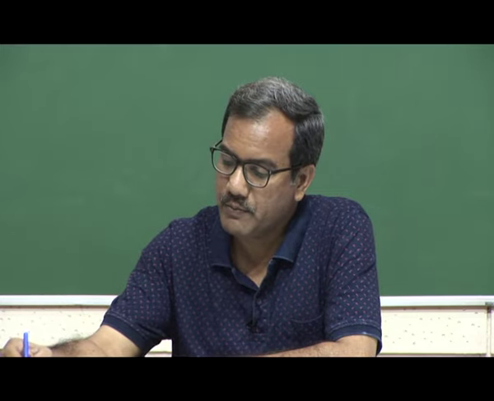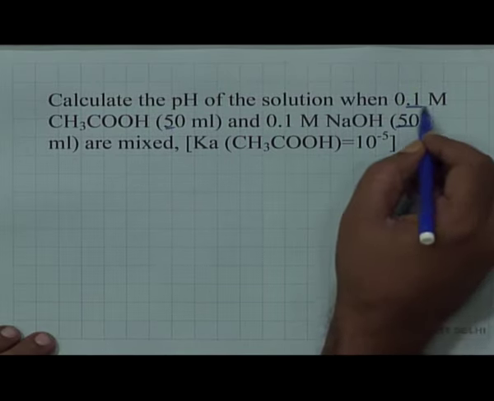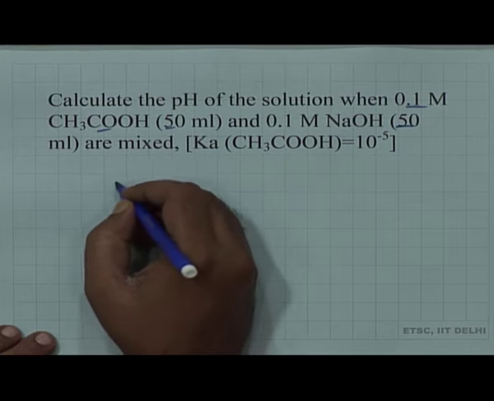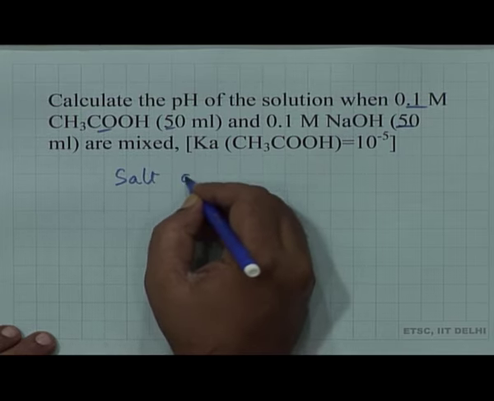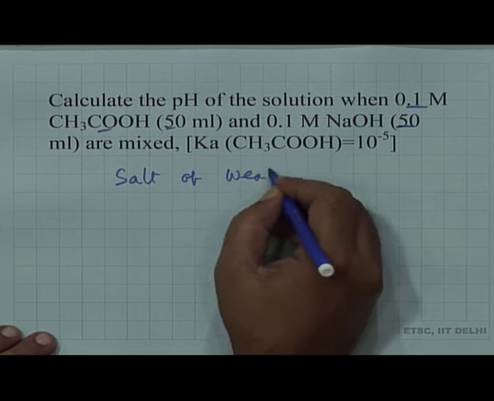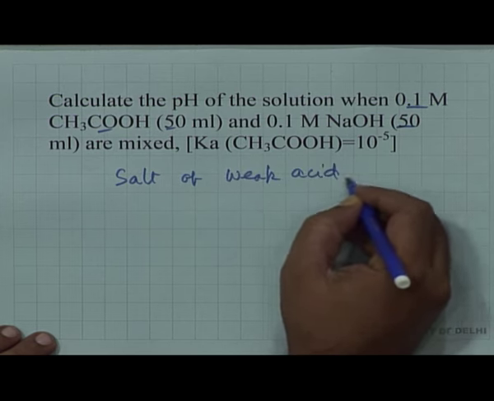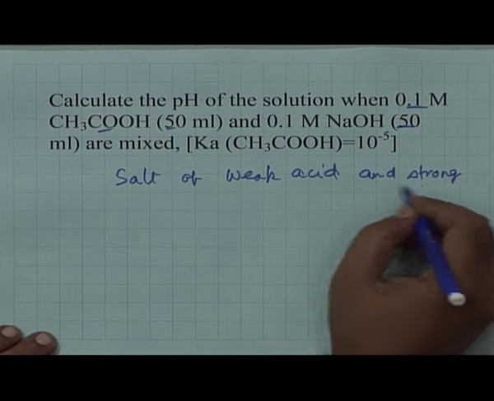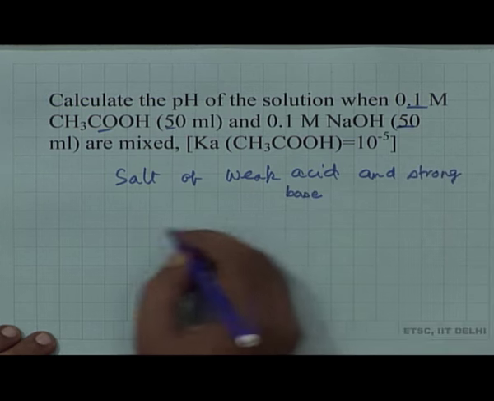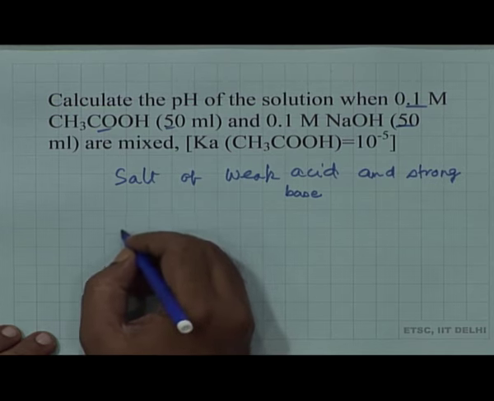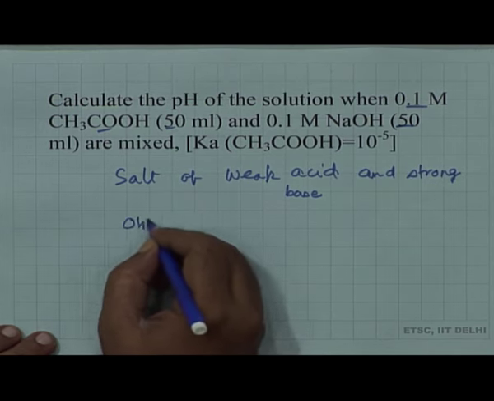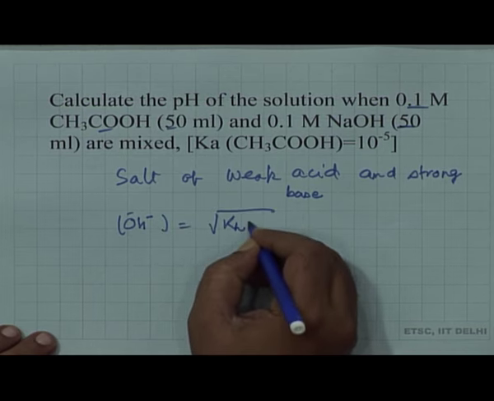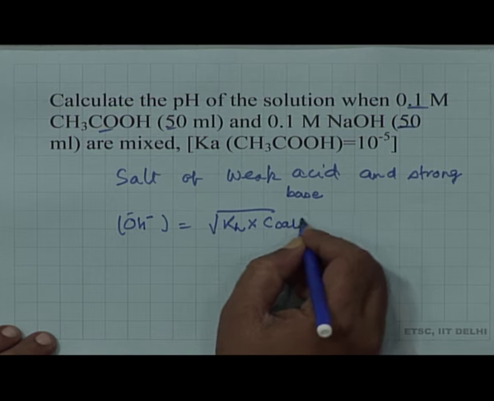Again you see 50 ml and 50 ml of the same molarity, and so you end up with the salt of a weak acid and a strong base, and you can calculate your OH minus ion by using Kh into C salt.